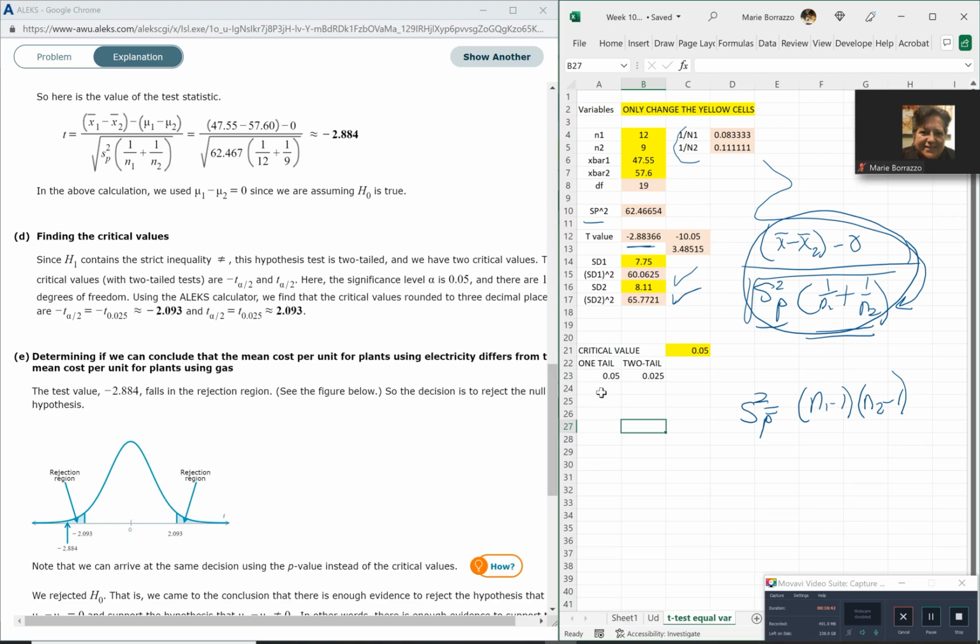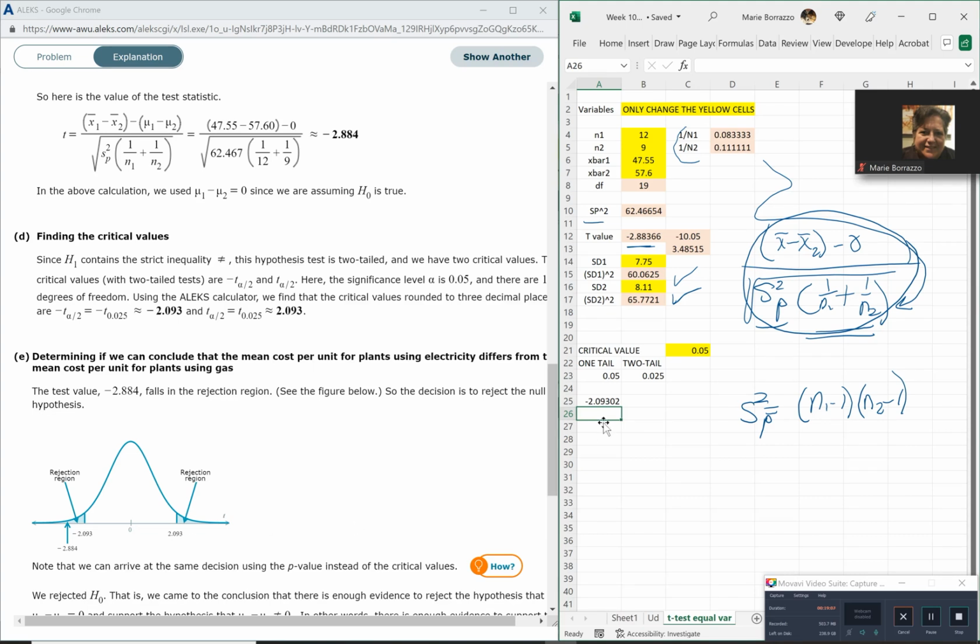To find the actual critical region, you're going to go equals t dot inverse, double click on that, your probability 0.025, and your degree of freedom, which I found for you here, is 19. And we do get 2.093, and that's what they get.